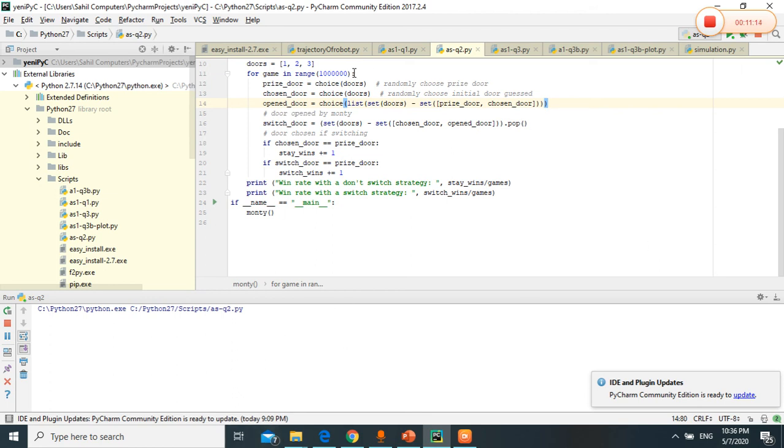It is 1 million range, therefore it can be a bit long. As you can see, the winning rate with the don't-switch strategy is about 1/3, but the winning rate with the switch strategy is about 2/3, which is 2 times more than not changing.